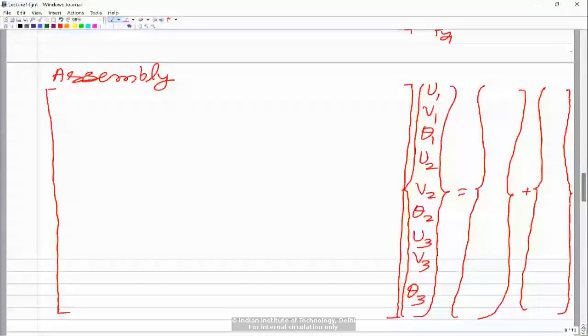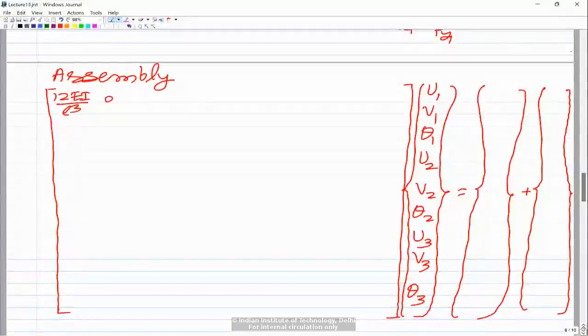So if you see, it's the same stiffness which we have written. So we will have 12 EI, the first 6 rows and columns will be coming from the first element. So 12 EI by L cube, the same thing which we have written after the transformation. So the transformed stiffness matrix is to be added here. And then minus 12 EI by L cube, 0, and then minus 6 EI by L square. So this is the first row.